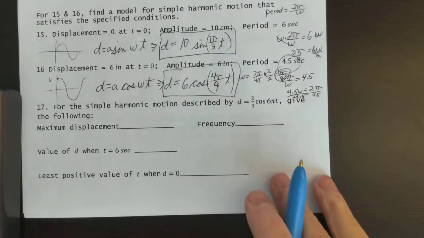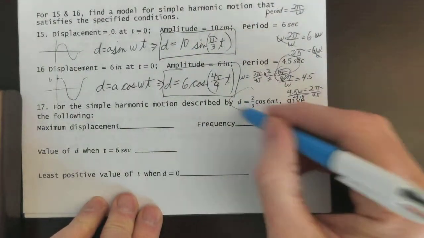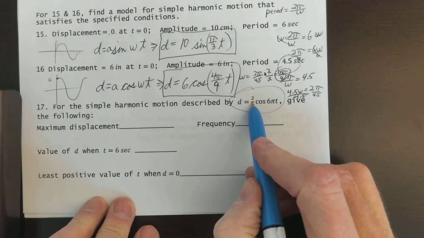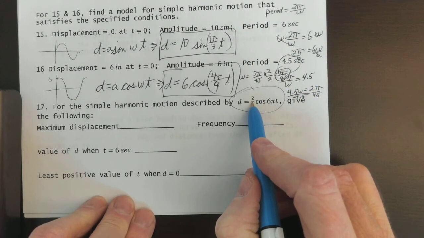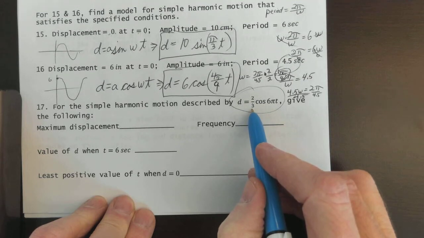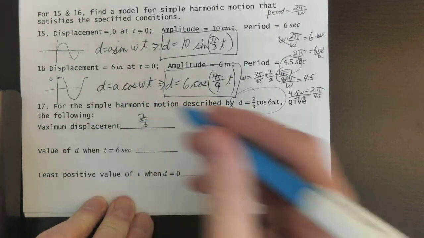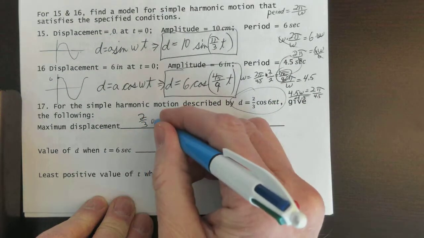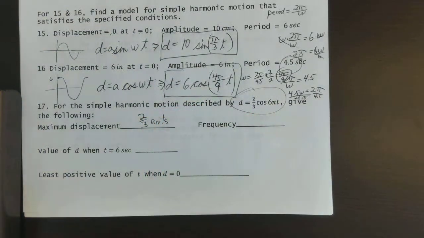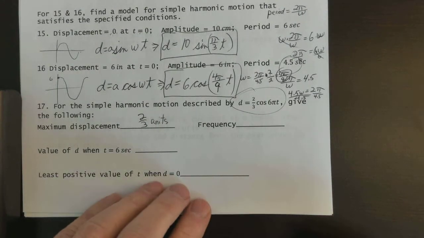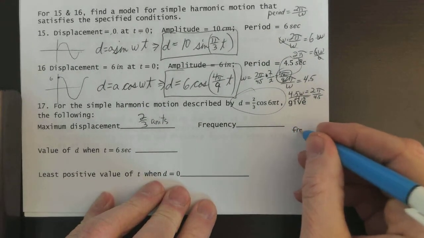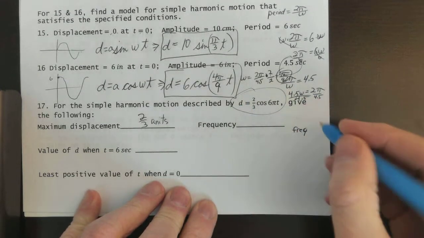Right there. All right. Now this last one, they give us the model and the maximum displacement from equilibrium, which would be 2/3 of whatever units. I'll just say units because that wasn't specified here. The frequency is the reciprocal of the period.